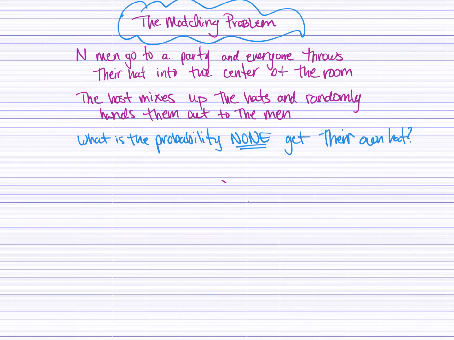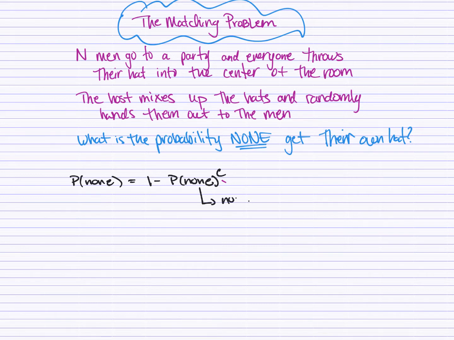So the probability, let's write this down. The probability that none get their own hat is equal to 1 minus the probability of the complement of none, right? So whatever the complement of none is, the probability of it, we subtract from 1, and that'll give us the probability of none. Okay, so the next question is, what's the complement to none?